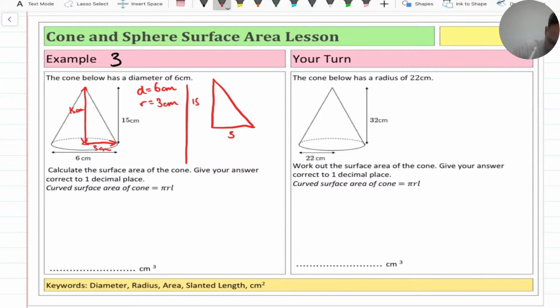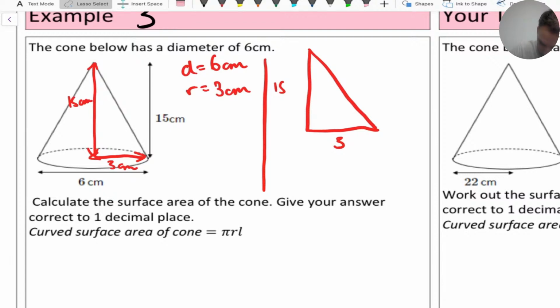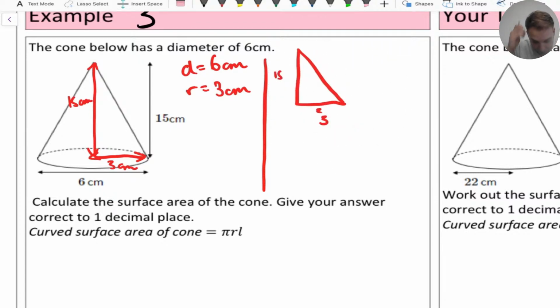So here we've got this right angle triangle. We've then got to use Pythagoras to work this out. So let's label it first. Obviously we know that opposite the right angle is c. The one on the left is called a and the one on the bottom is called b.